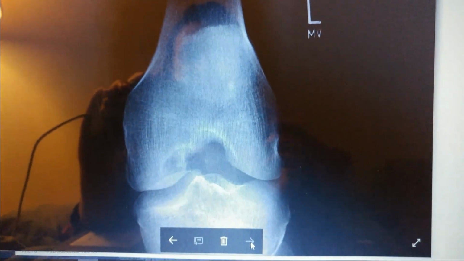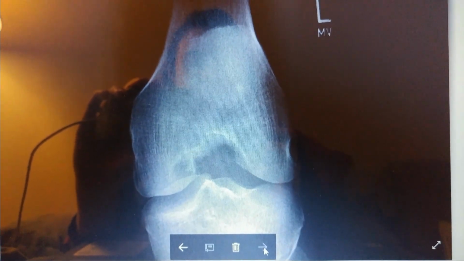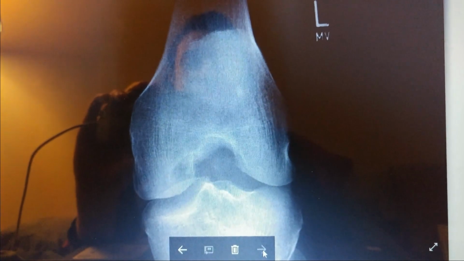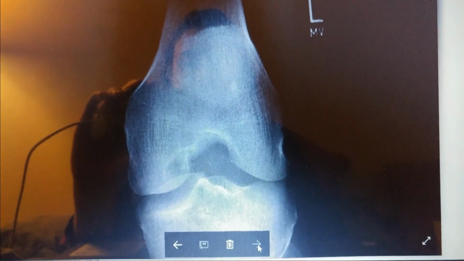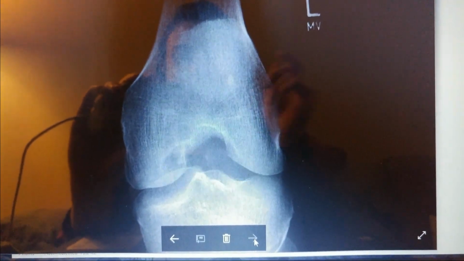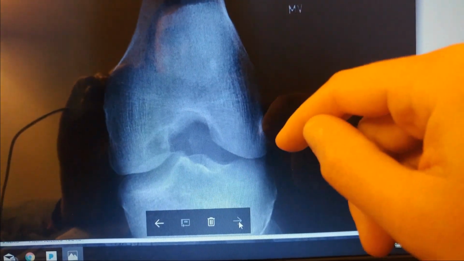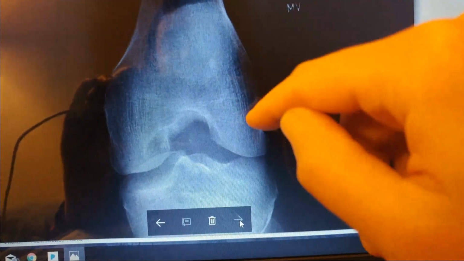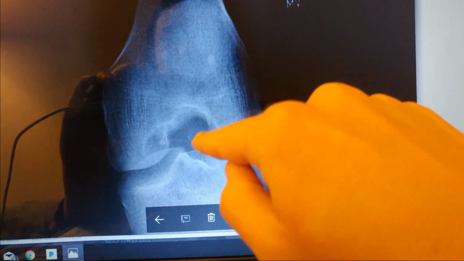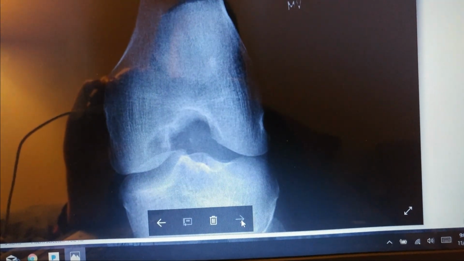All right, here we have the axial projection of the knee, also known as tunnel view. And this is the method that I did in the video, the Beclere method. So for this one, it's pretty similar to the AP projection, except that the main thing is that we're looking at the intercondylar fossa, which is right in here. And so this projection just opens this hole very well so that we can see through there.